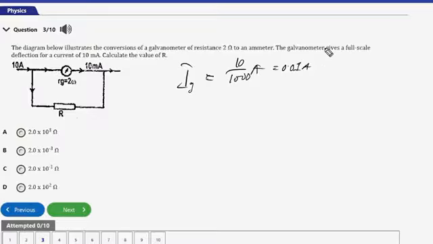That's the current here. But we notice that the input current here is 10 amps.